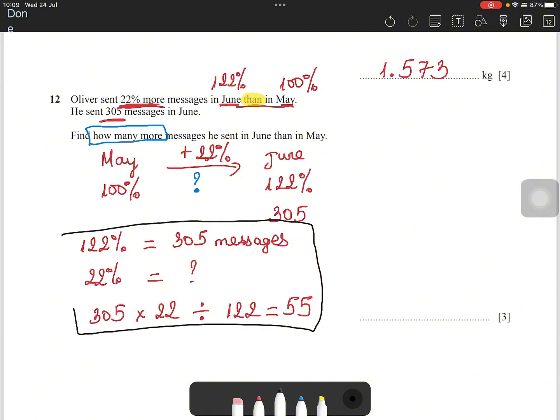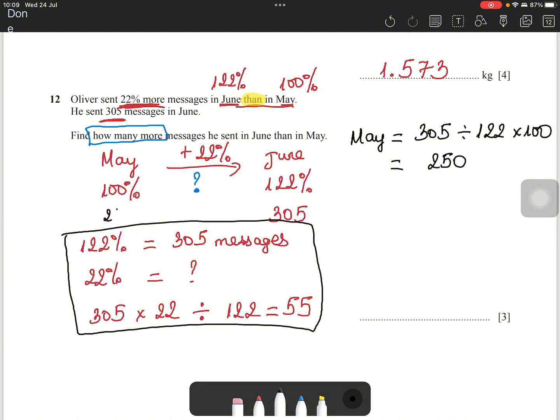We also have another solution: we can find the number of messages he sent in May. To do that, we divide 305 by 122 and then multiply by 100. So the answer is 250.